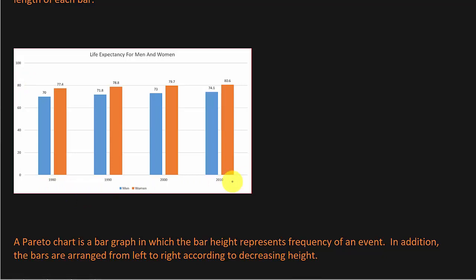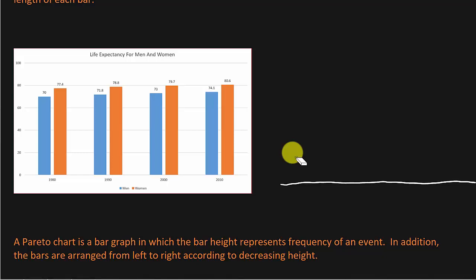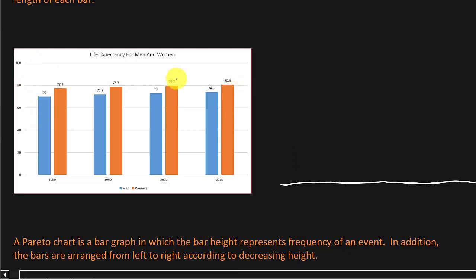Now, another thing you can do is, you see how it starts at 0 and it goes 20, 40, 60, 80, 100. Another thing you can do, I didn't make another graph of this. For one, I didn't actually know how to do this in Excel, but since the numbers go up so high, the numbers get kind of big. You can start at 0, but instead of your first number being 20, you could actually start your first number at 60 or 65, something like that.